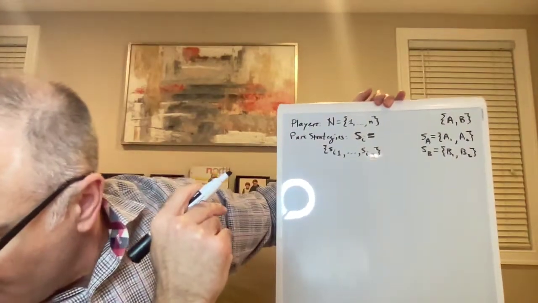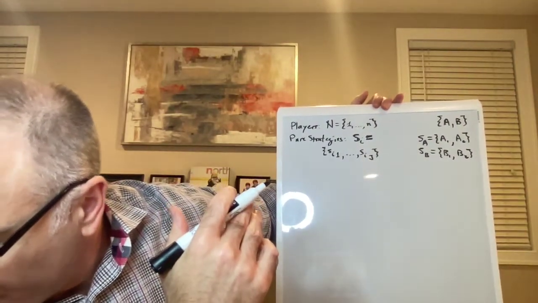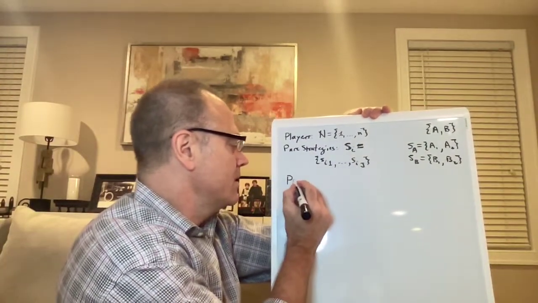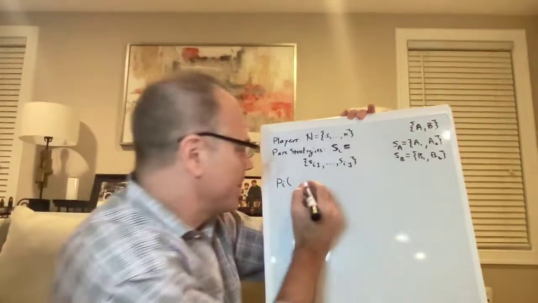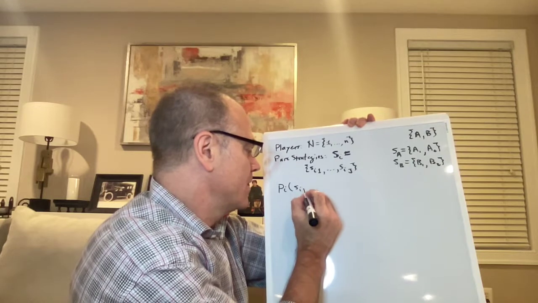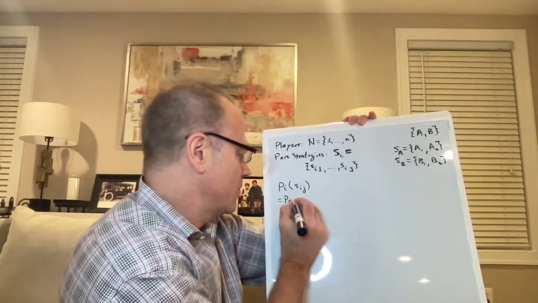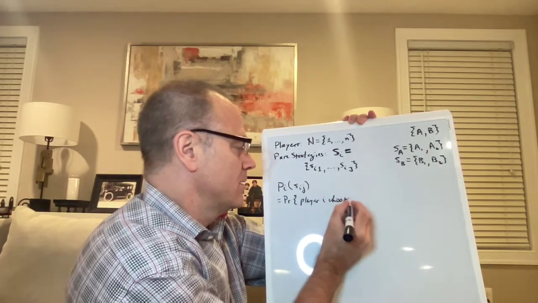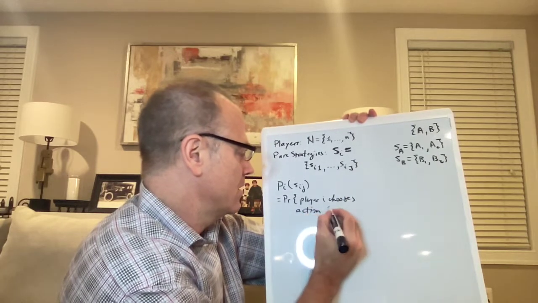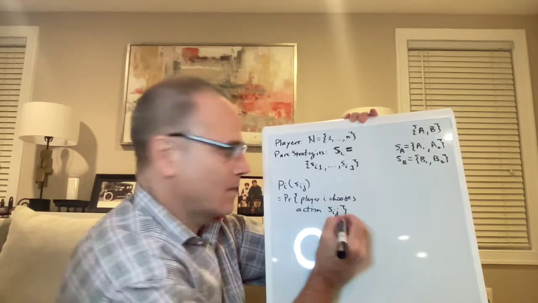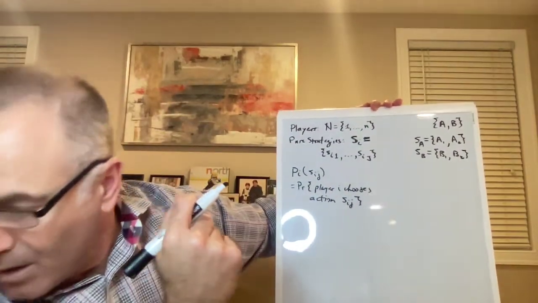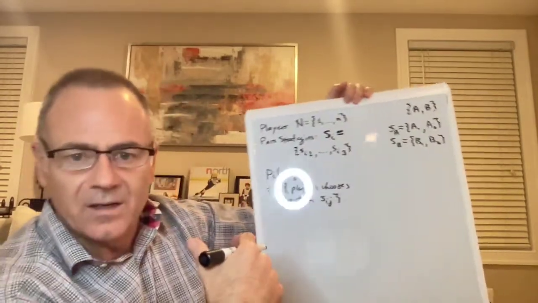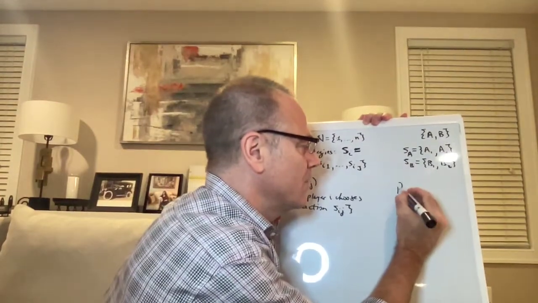Okay, next. McKelvey-Palfrey define P sub I of S_IJ, that equals the probability player I chooses action S_IJ. Now, in the ox game we didn't describe that, but let's say it.